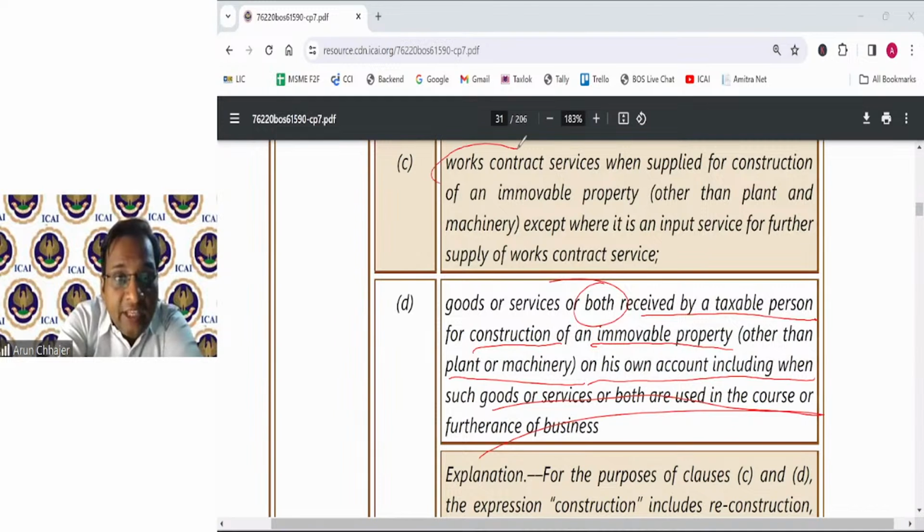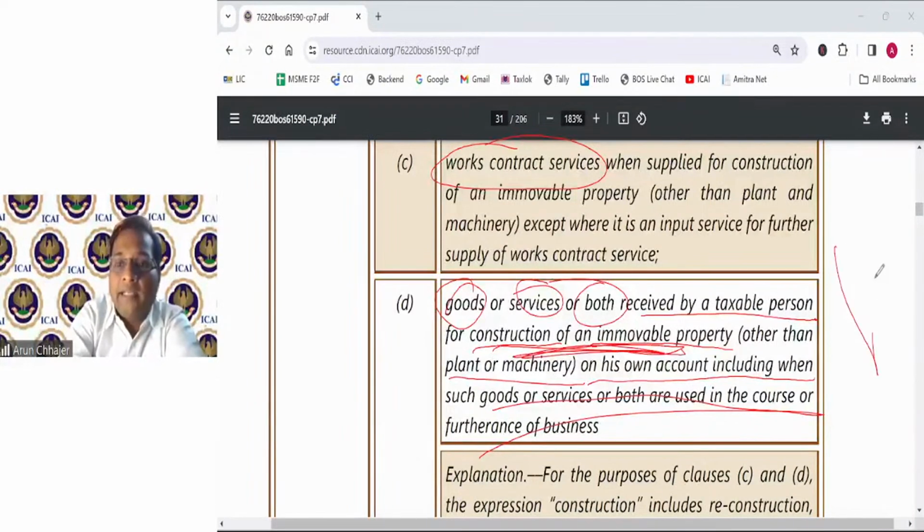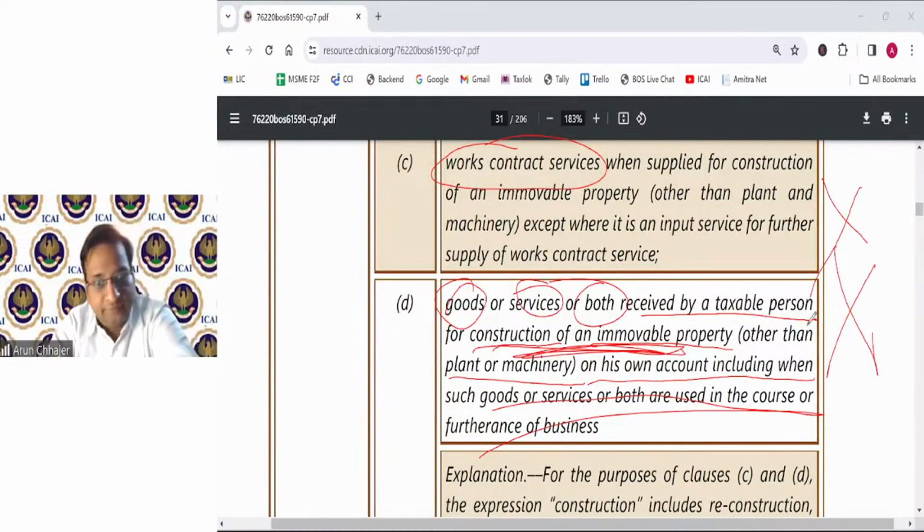So whether you outsource and receive the bill of work contract, or purchase individual goods or services, if it is for construction of an immovable property, ITC is not allowed.